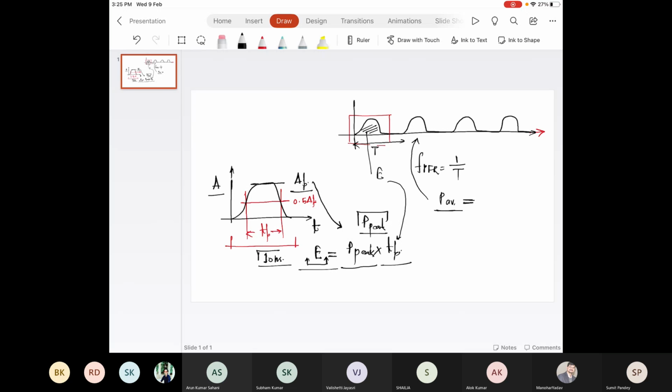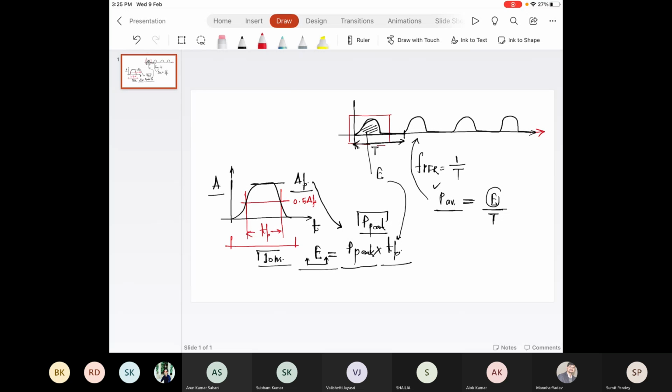So it will be E divided by the time period T. You need to consider the complete signal: over the entire time period, how much energy is generated? So E divided by T will be the average power.